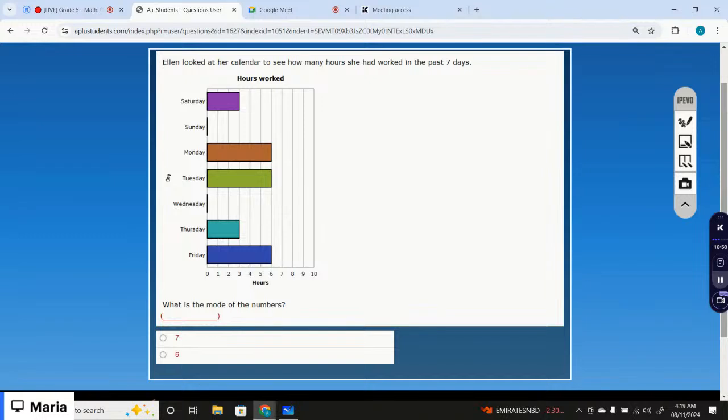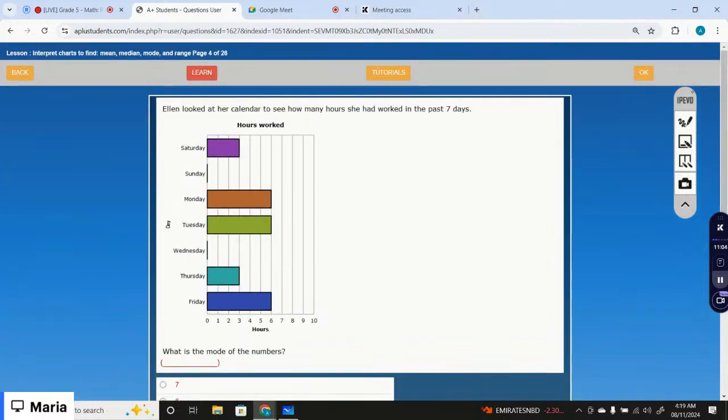The mode is 6, right? Mode is the value that appears the most of the time in the given data. So the correct option is 6. Option number 2 is the correct option, right? Okay, you can complete the lesson by yourself later today. Let me just move on to the next lesson.